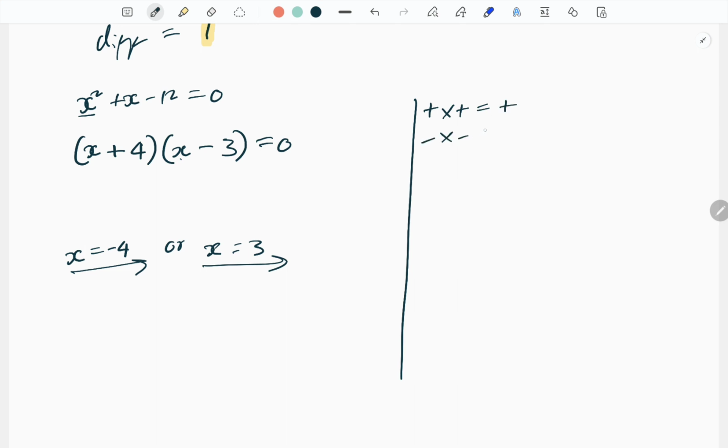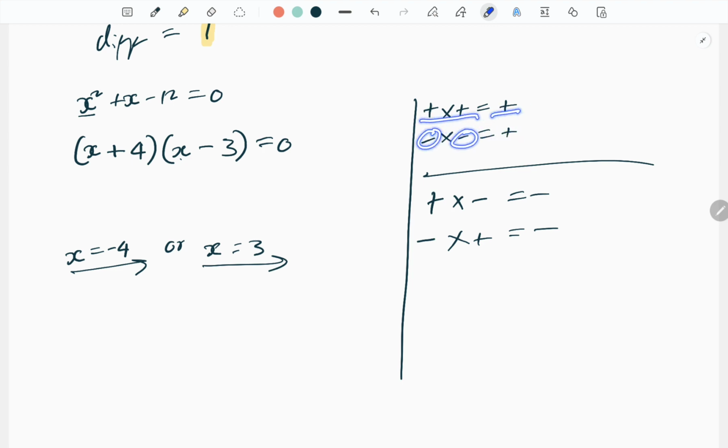So positive times positive is positive, and negative times negative is positive. But when the signs are different, for example positive times negative or negative times positive, you get negative. So positive times negative gives negative, negative times positive gives negative.